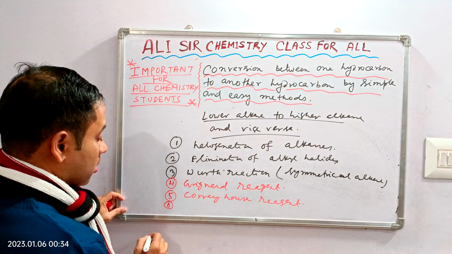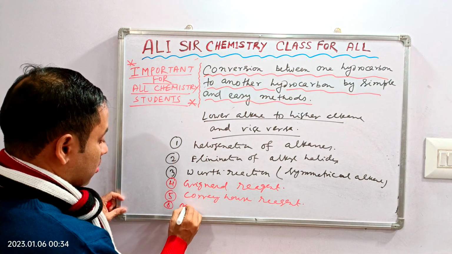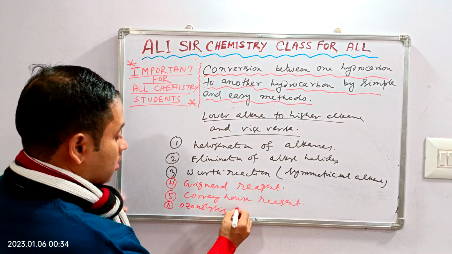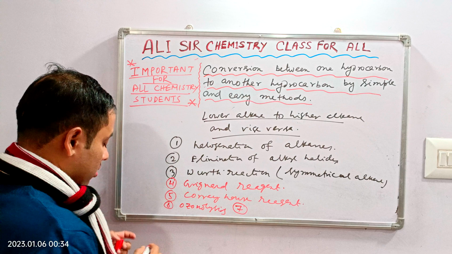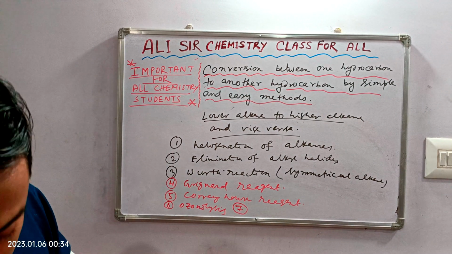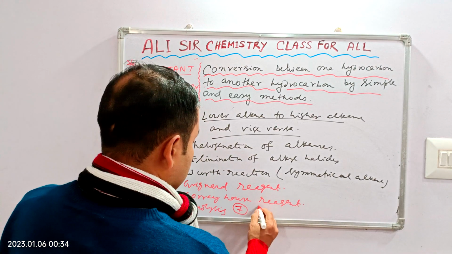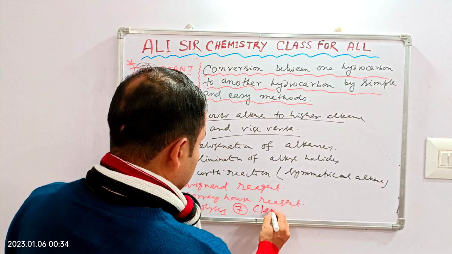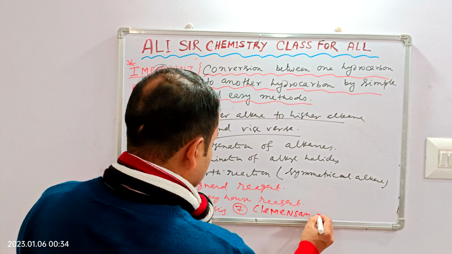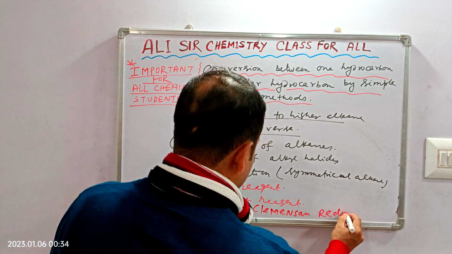Number 6, ozonolysis. Number 7 is Clemmensen reduction.